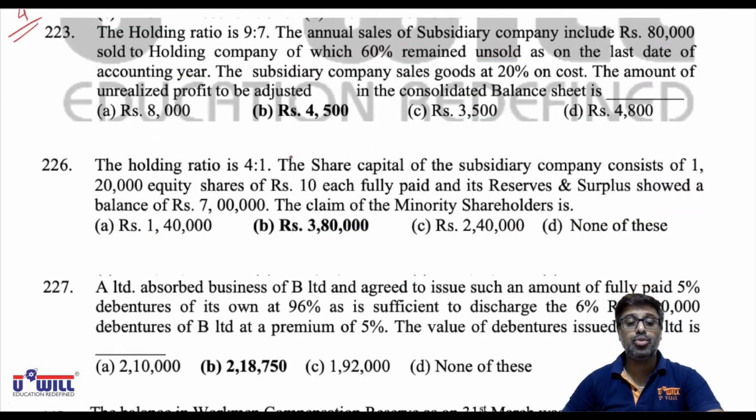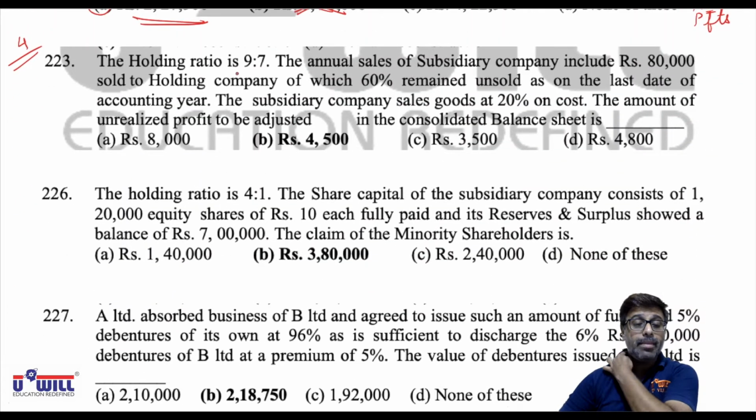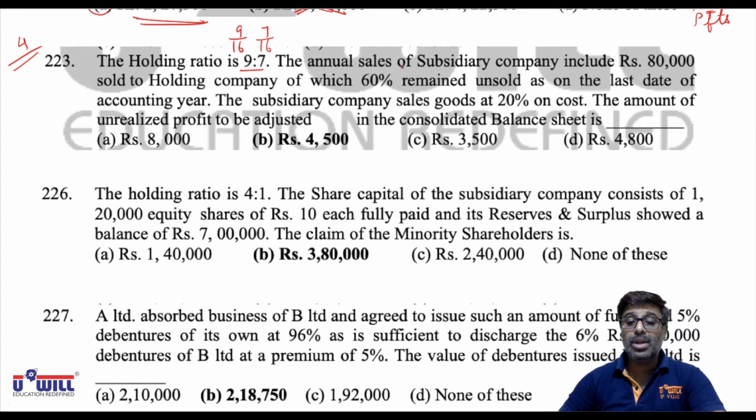So look at question 223. The holding company's ratio is 9:7. That means 9 by 16 and 7 by 16 is holding and minorities share. The annual sales of subsidiary company include rupees 80,000 sold to holding company. So intercompany transaction, of which 60% remain unsold.